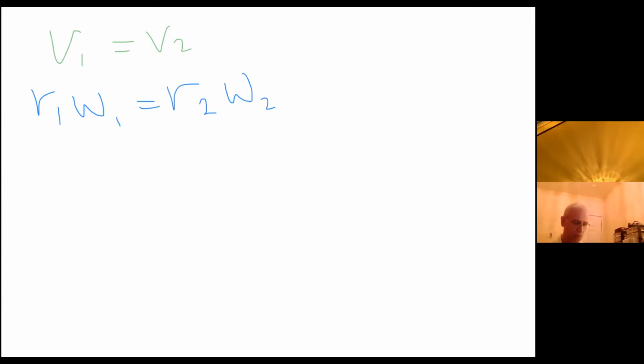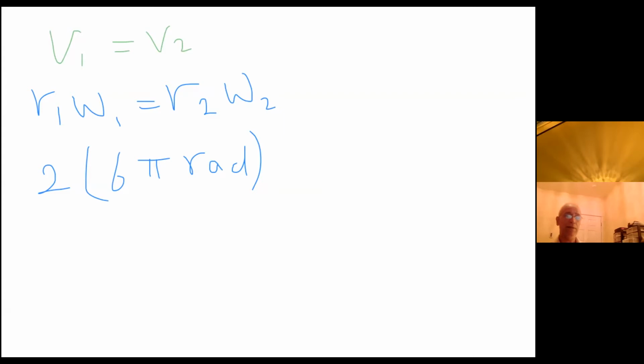Okay. R1, the smaller one, is 2. So I have 2 times omega, the angular velocity of the smaller pulley. We said it was 6 pi radians, remember that 2 pi radians is 1 revolution.